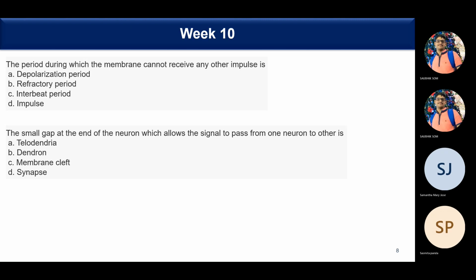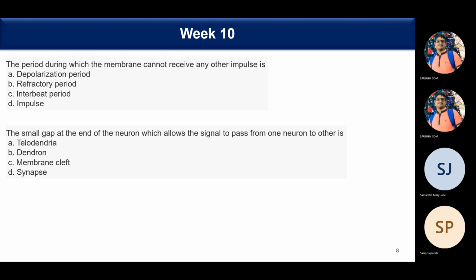A small gap at the end of the neuron which allows signals to pass from one neuron to another. So this is one neuron, kind of like this, and another neuron will come like this.